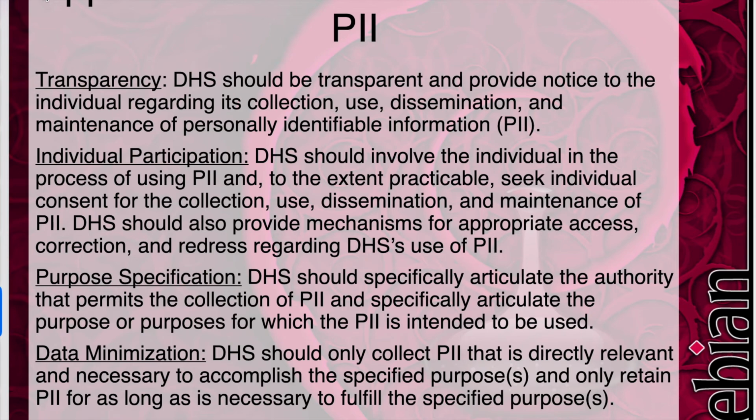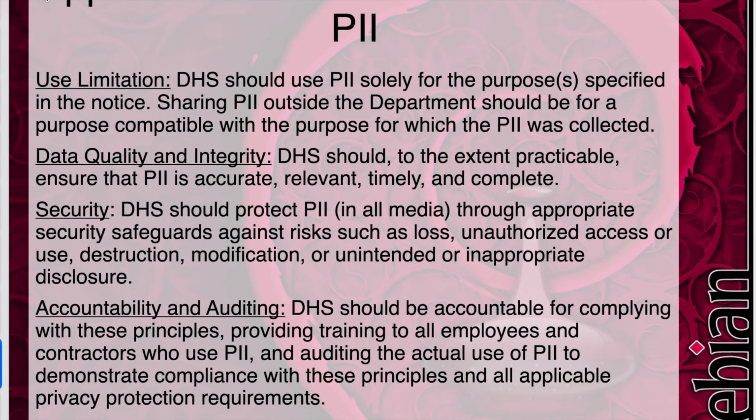Last but not least, the application of FIPPs in protection of PII. Use limitation: use PII solely for the purpose specified in the notice. Sharing PII outside the department should be for a purpose compatible with the purpose for which the PII was collected.